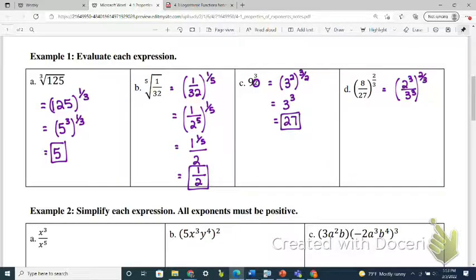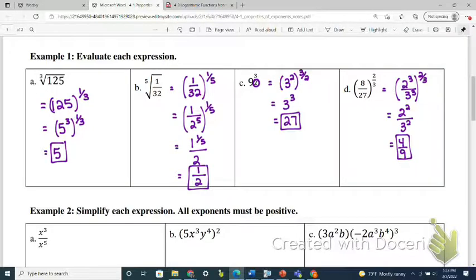So I can distribute that to both of those. I end up with 2 squared over 3 squared, because 3 times 2/3 is 2, which gets me 4/9.